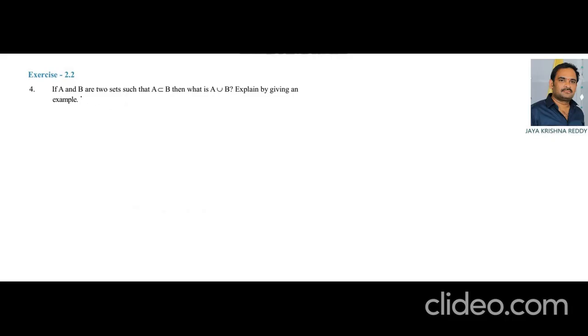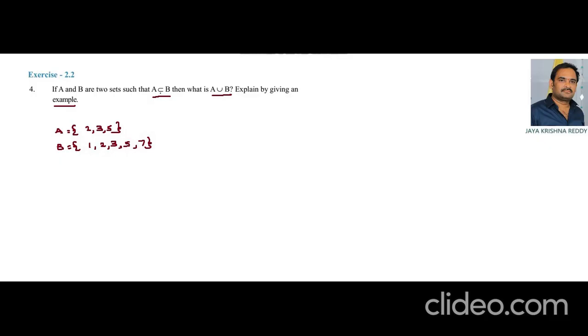What is given here? If A and B are two sets such that set A is a subset of B, then what is A union B? Explain by giving an example. Let us consider set A equal to the elements 2, 3, 5, and let us consider the set B with the elements 1, 2, 3, 5 and 7.